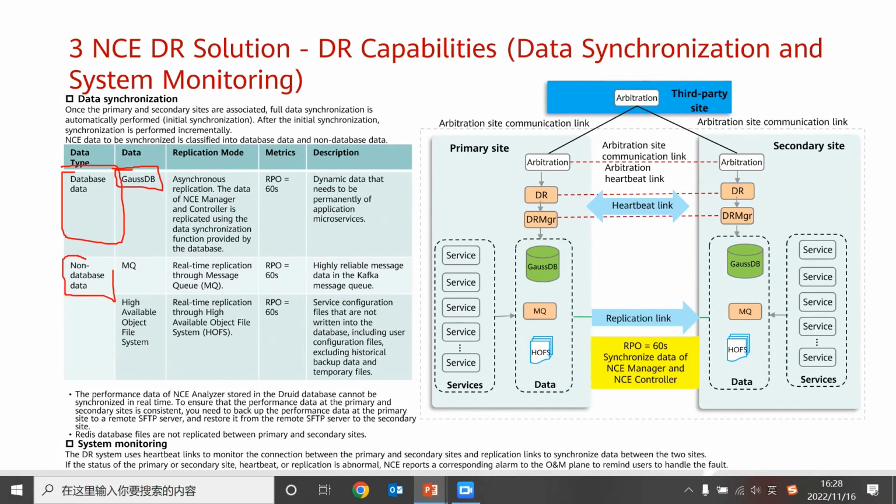And for non-database data, we use MQ or HFS to synchronize the data. And on the right-hand side, now we have a more complicated, detailed image of the DR system. We can see that there are multiple data types for GaussDB and for MQ, HFS. They all go through the replication link right here.